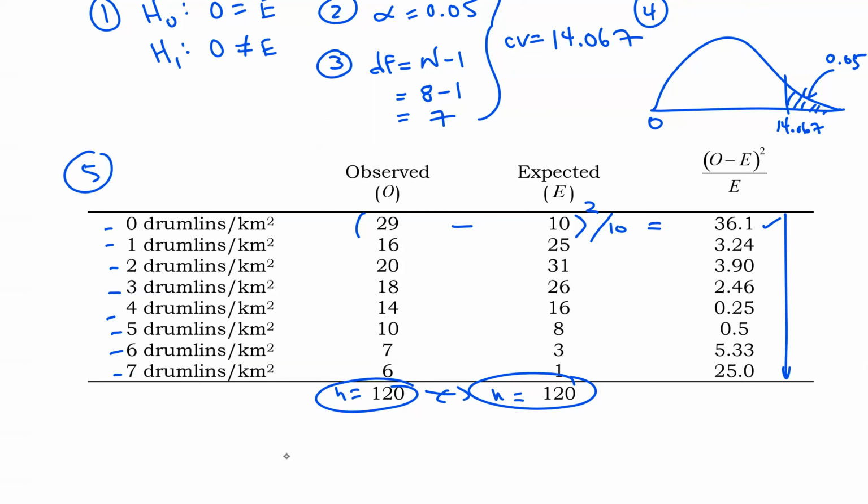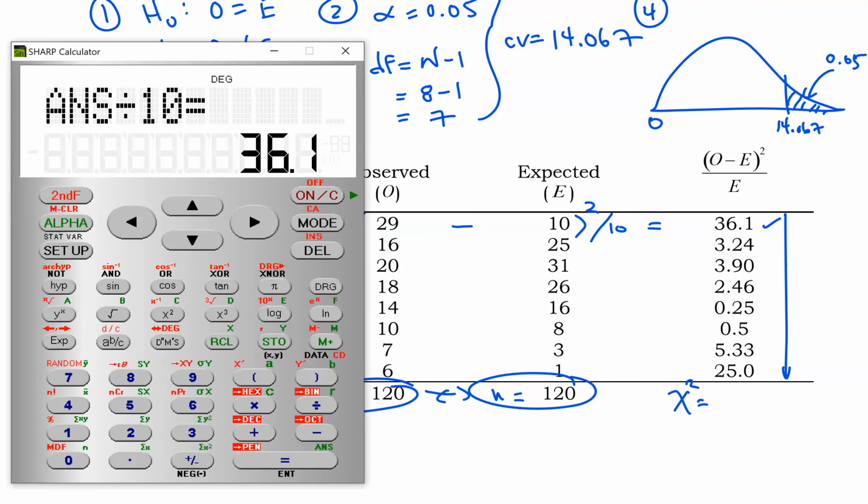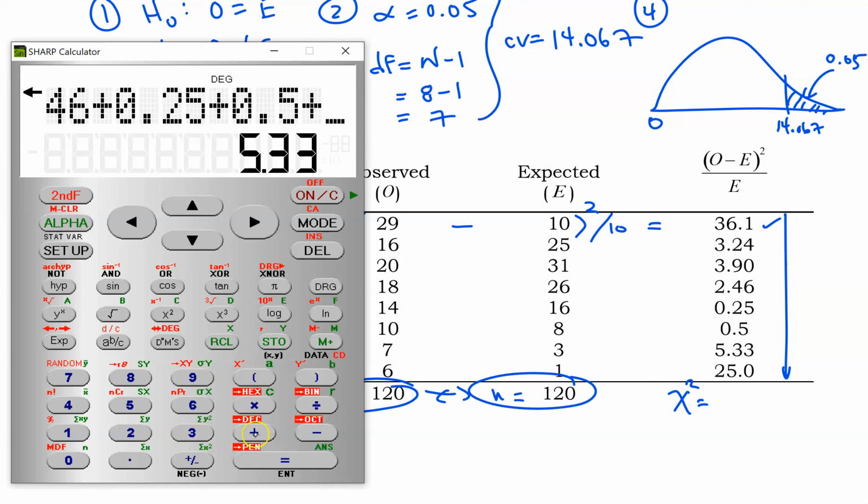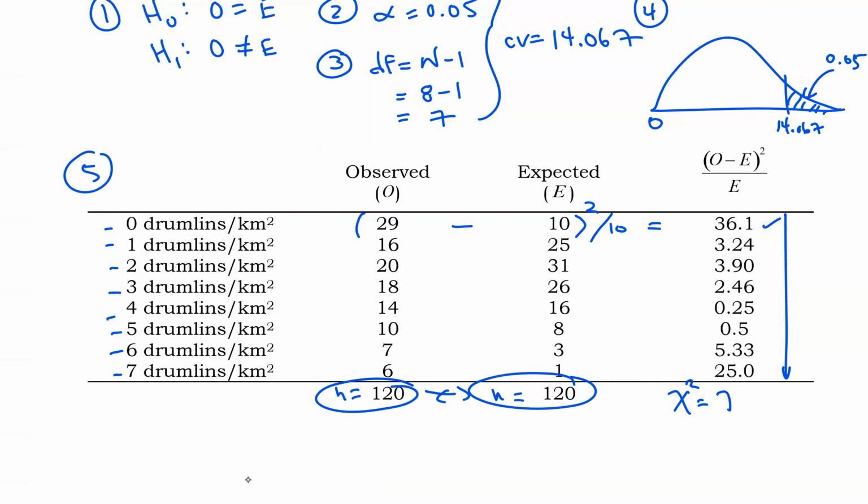And then we're adding up at the end to get our chi-squared test statistic. So 36.1 plus 3.24 plus 3.90 plus 2.46 plus 0.25 plus 0.5 plus 5.33 plus 25 gives me a chi-squared value of 76.78, which is definitely way up in my critical region.